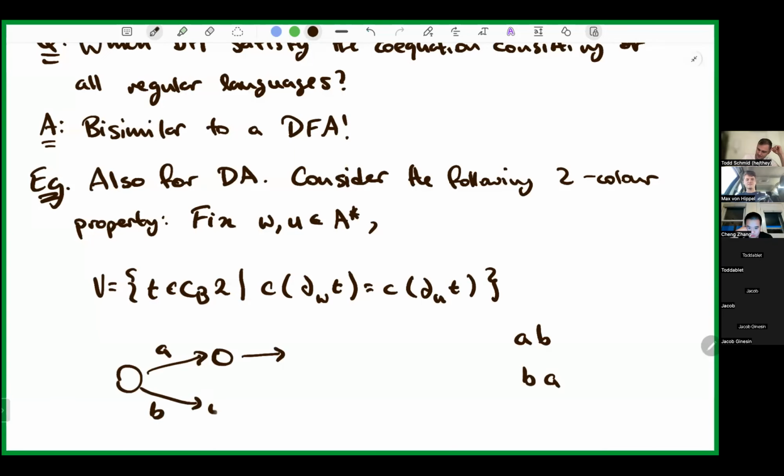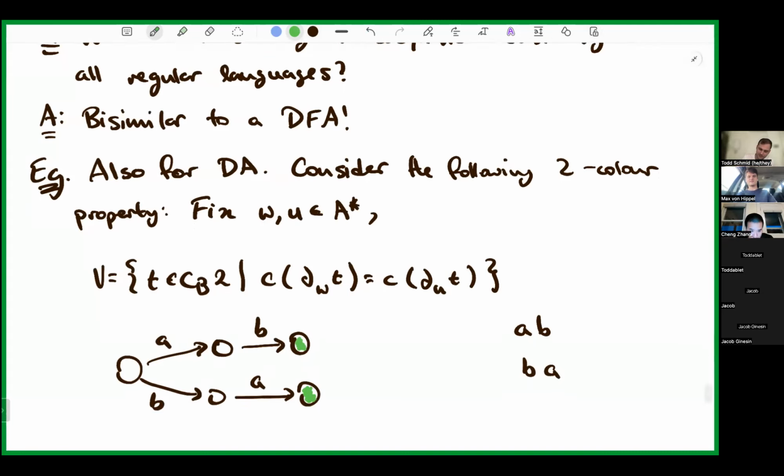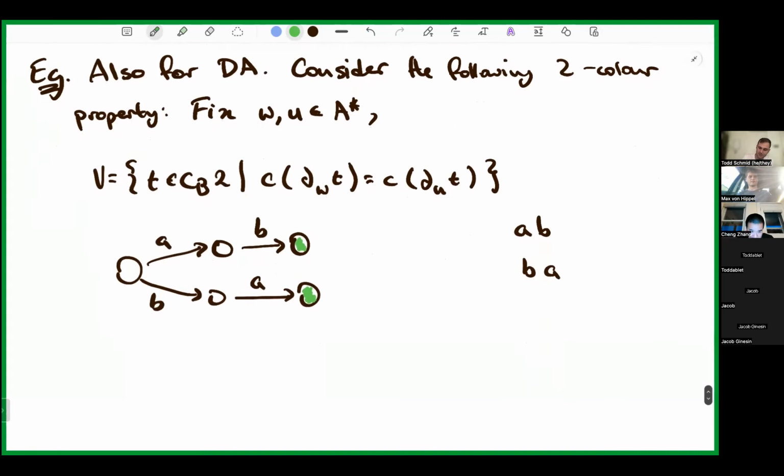Then if you follow these two down, their colors have to be the same. Like that. So I guess my question for you, if you want to think about it for a second, would be which deterministic automata satisfy this two color property?